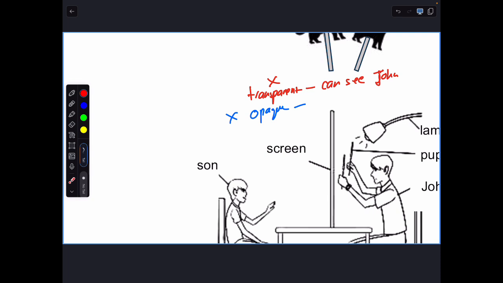So the only one that is plausible is that it needs to be translucent so that some light can pass through. So if I were to draw this out for you, this is the screen, and this is the shadow. The shadow is formed because the puppet at the other side is blocking the path of the light.